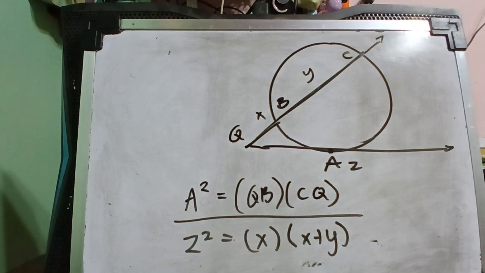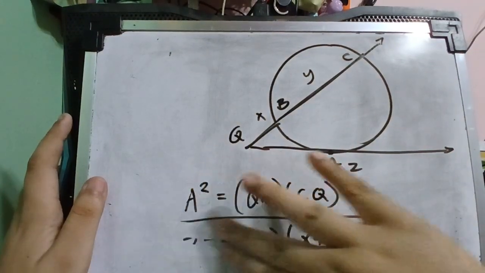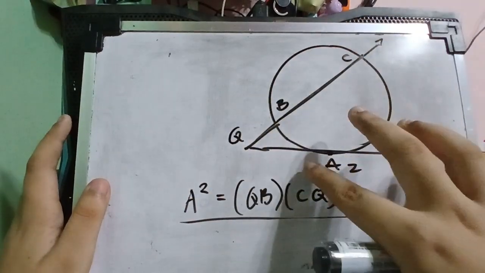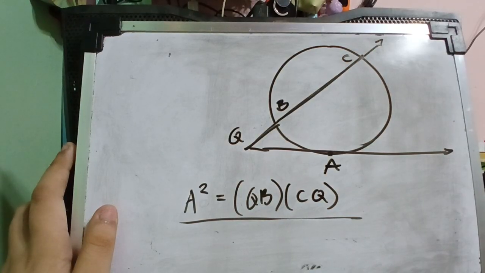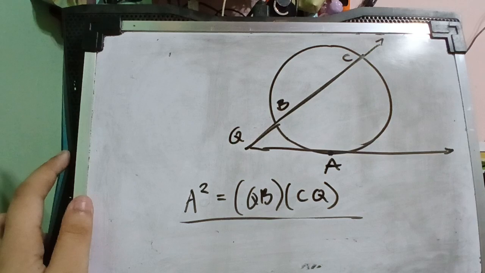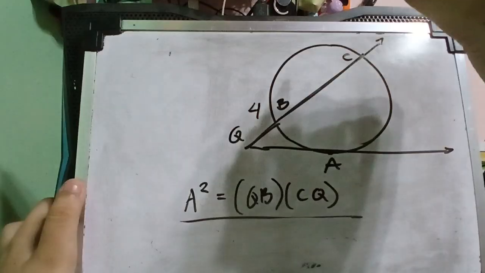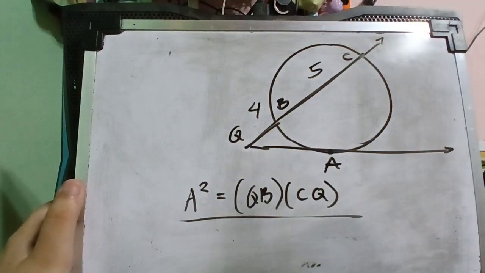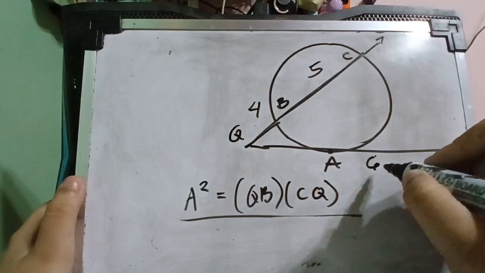Let's look for an example here. Okay, so I'll just keep the formula here. So, this is 4, this is 5, and this is 6.